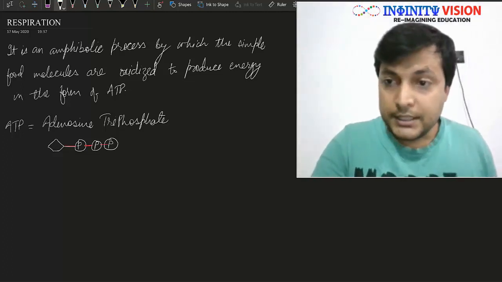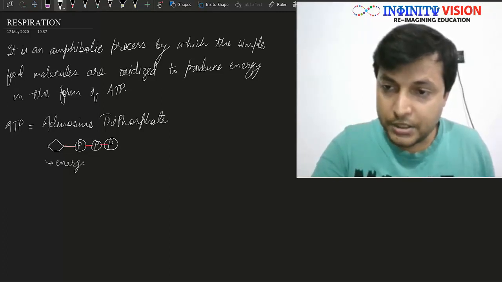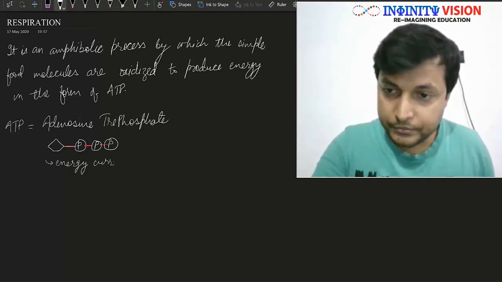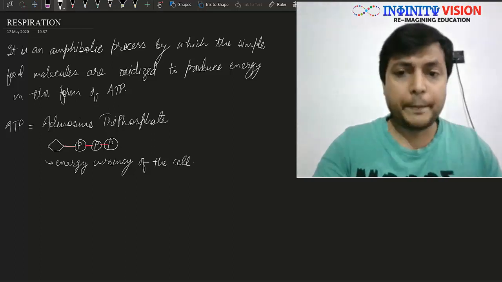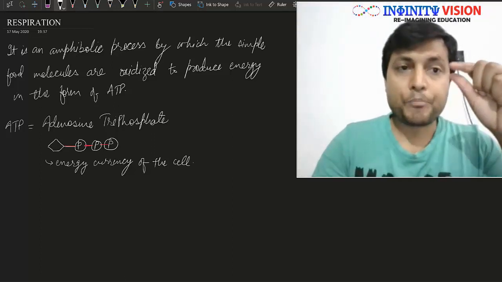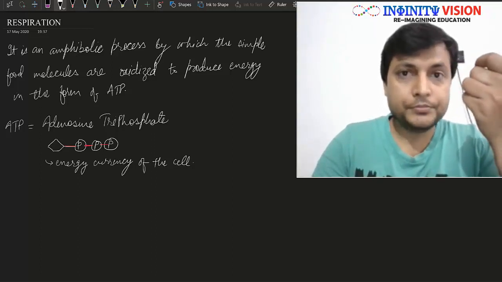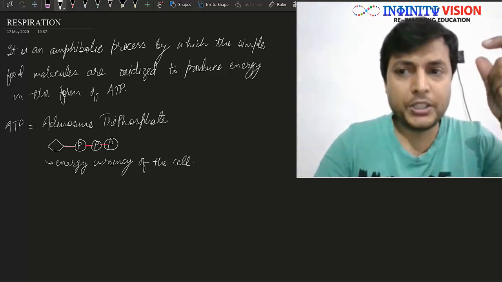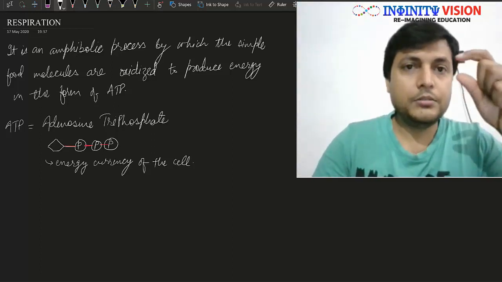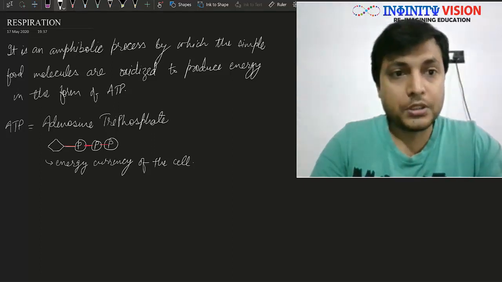This ATP is considered the energy currency of the cell. You can take ATP as small batteries, or as currency coins. Suppose you have a 10 rupees coin. You can use this coin for buying things worth 10 rupees or less.